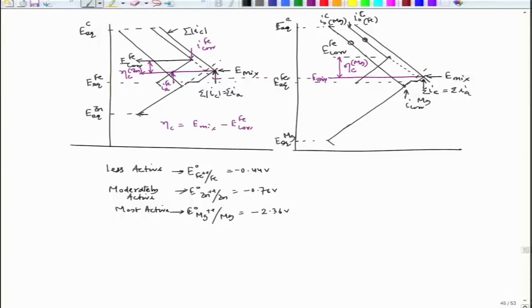But if we compare, since we are getting higher overvoltage in case of magnesium connection, I could see that the dissolution rate of iron after cathodically coupling with magnesium is also decreasing as compared to the dissolution rate of iron when it is connected to zinc.